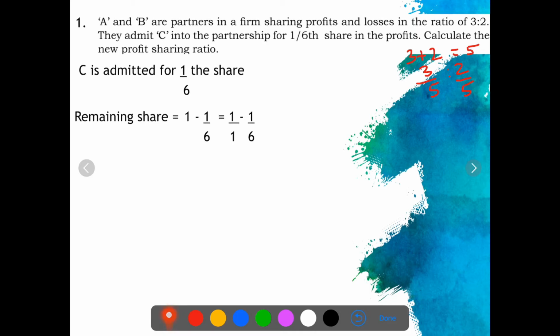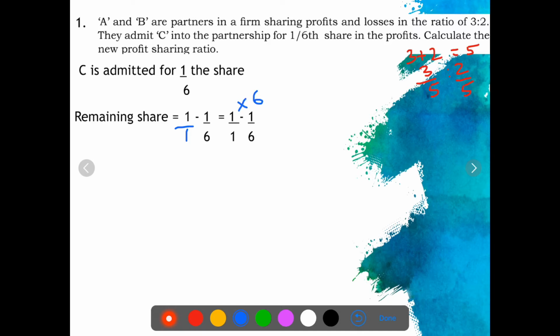We will assume this as 1/1. So hence I have written it as 1/1 minus 1/6. 1/6 is given to C. We know the denominators are not the same in order to subtract directly. So what will be the LCM? 1 into 6 is 6. So let's directly multiply this with 6.